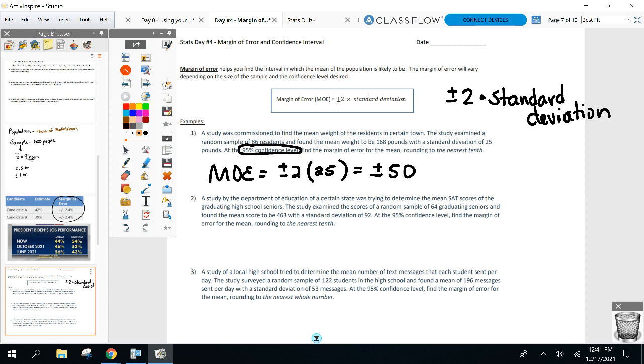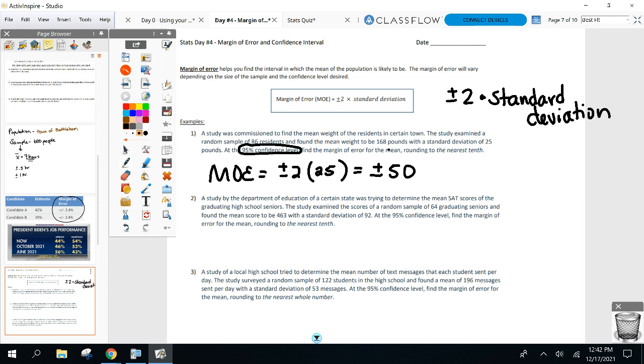Your sample had a mean of 168, but the town's mean weight might be 50 above or 50 below that 168, somewhere in between. That's what the margin of error tells me. And we'll actually find that interval coming up.